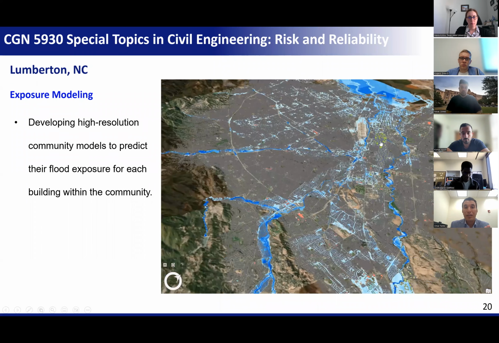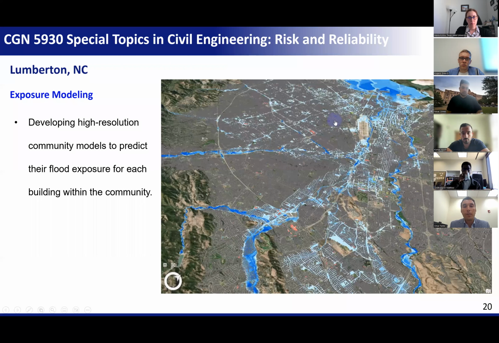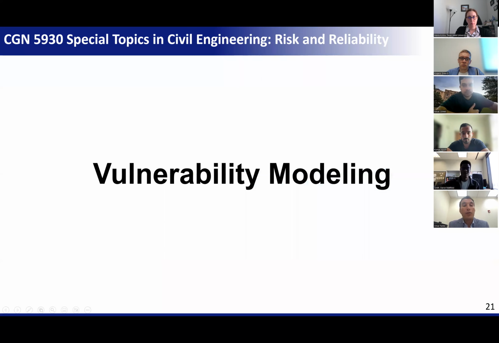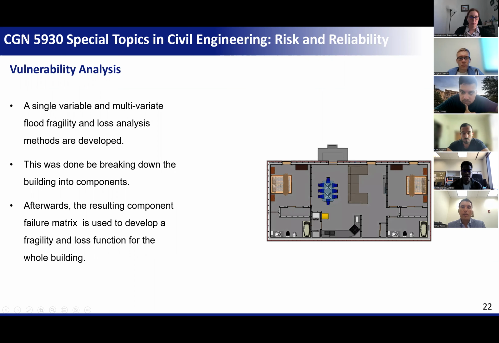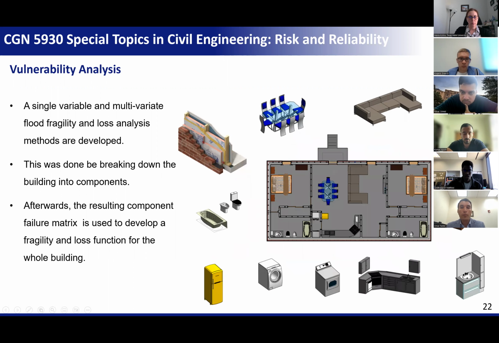So the next step is, once we know the hazard intensity, how can we know the damage for each one of these buildings? For this, we developed a new approach for flood vulnerability modeling. For each one of the 15 archetypes that I showed you, we divided the building into components, identified all the components within the building, and studied the flood susceptibility of each one of these components, including contents like furniture and appliances, and structural components like drywall, flooring, roofing, roof sheathing, insulation, all the components within the building.